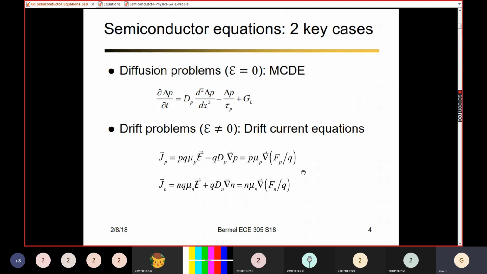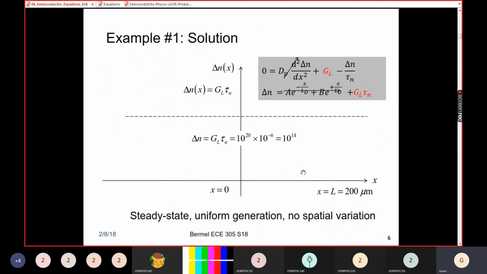Jp vector is equal to p into μp into del vector of Fp divided by q. Jn vector is equal to n into μn into del vector of Fn divided by q. Next, we are going to see what is the possible solution for obtaining the zero case and for obtaining the value of Δn, which is equal to 10 power 14.